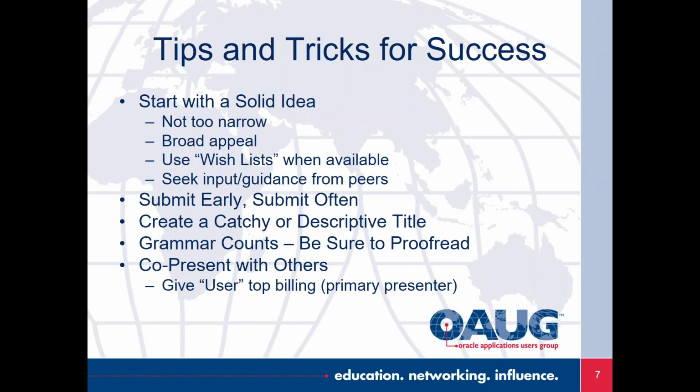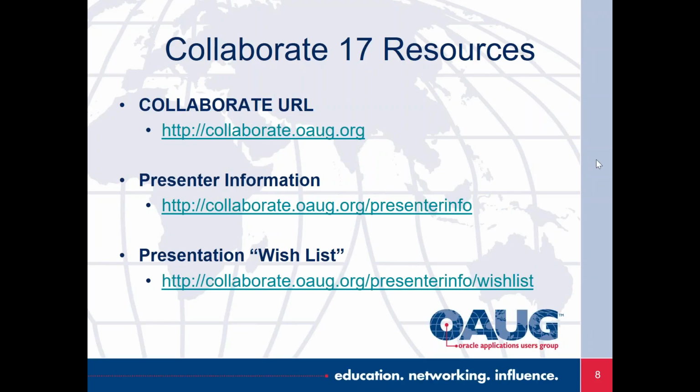With that, Erin. Great. Thank you, Kabir. So moving on, I just wanted to go over some great Collaborate 17 resources we have online. The Collaborate website is collaborate.oaug.org. There is a wealth of information on that website.